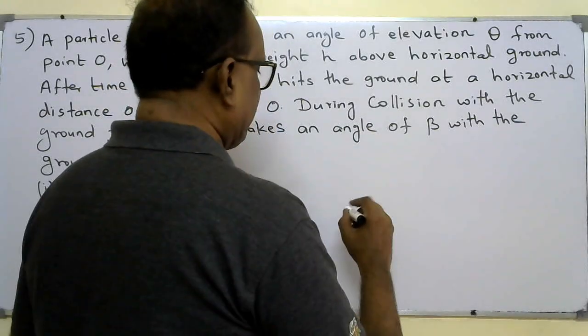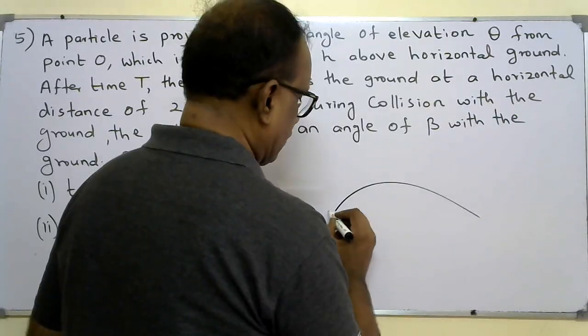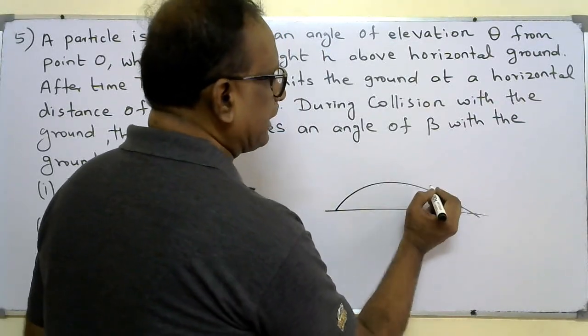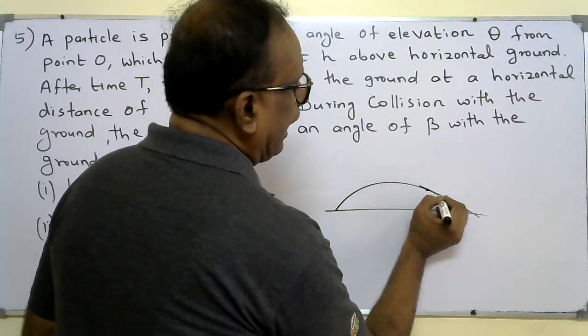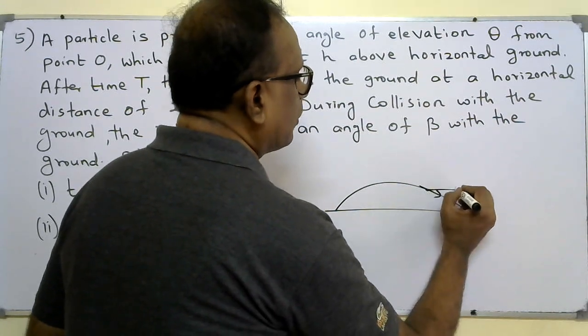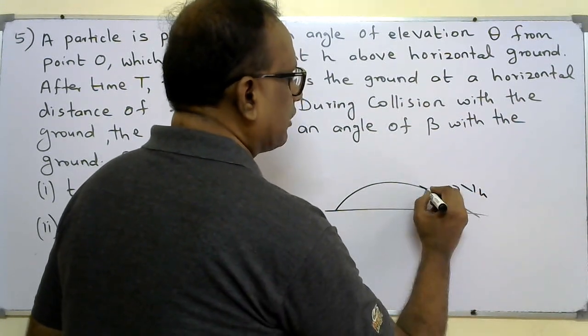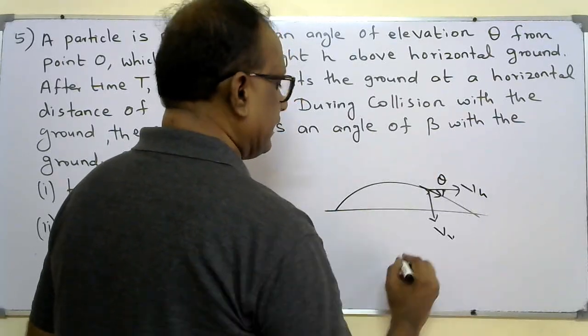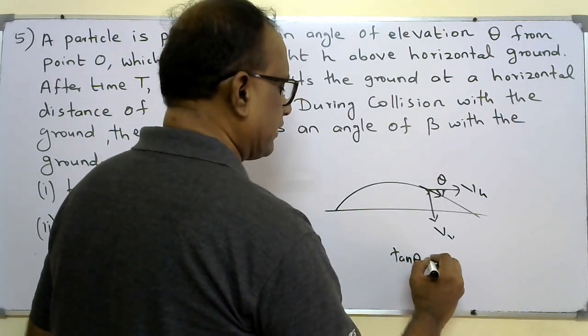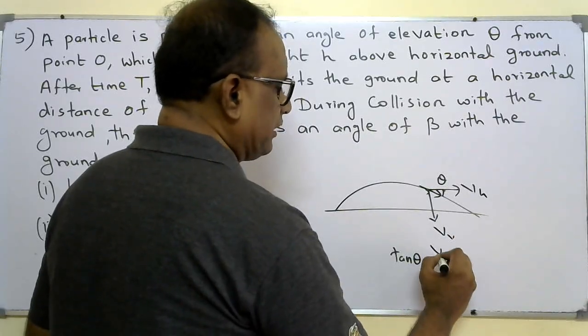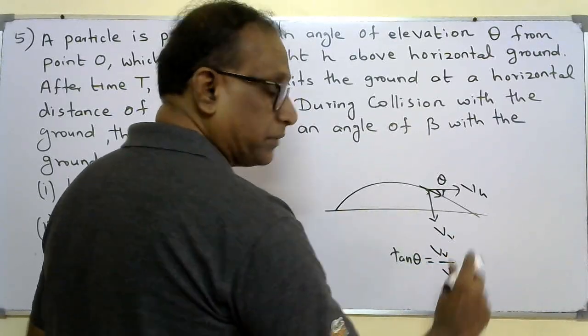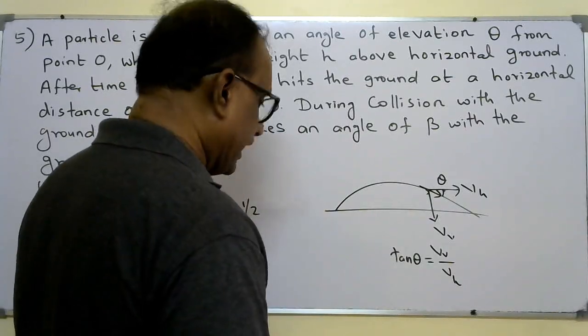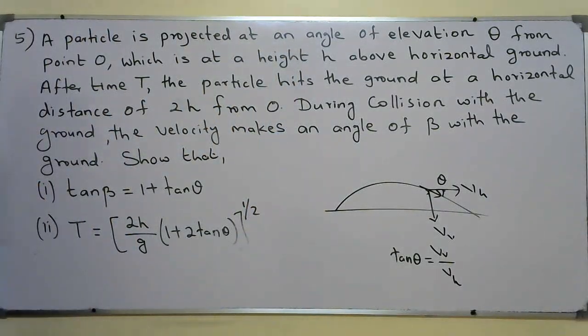Say for example, if a particle is projected and it hits the ground, whether it's from a height or whatever it is, at a point, if you want to find the angle of the velocity with the ground, find the horizontal component, find the vertical component. This angle is given by tan beta equal to VV over VH. So we have to follow that to find the first part.